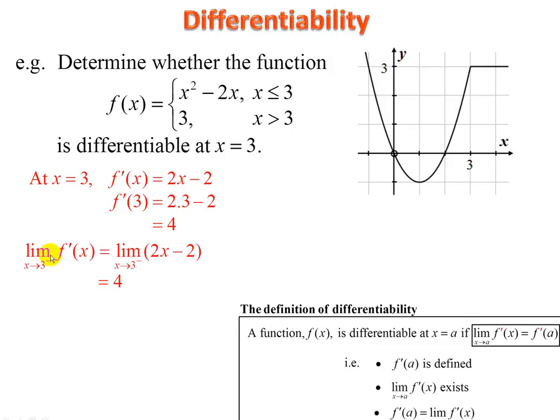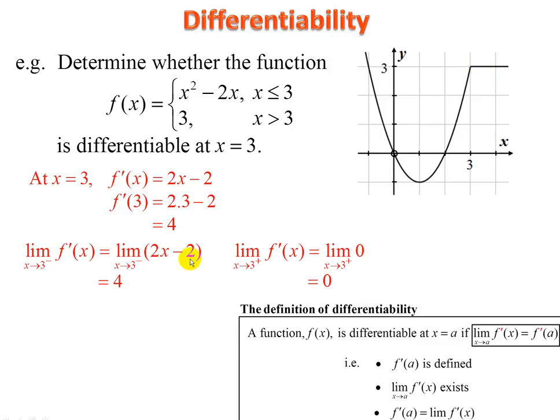Let's take the left limit of that derivative. As x tends to 3 from the left side, we're on this graph, therefore we're going to differentiate that, substitute, and we get 4. So the left limit is 4. On the right hand side, we're on this graph, which is a constant of 3. Derivative of a constant is 0, and the limit of 0, no matter what you're approaching, is 0.